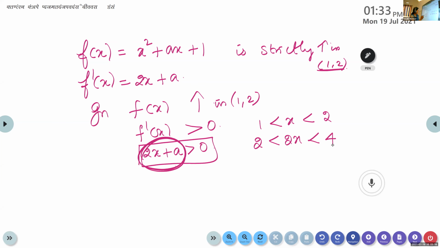Okay. Now you add a here: 2 plus a is less than 2x plus a, which is less than 4 plus a. We are adding a because I want to make it in this form. 2x plus a is greater than 0.